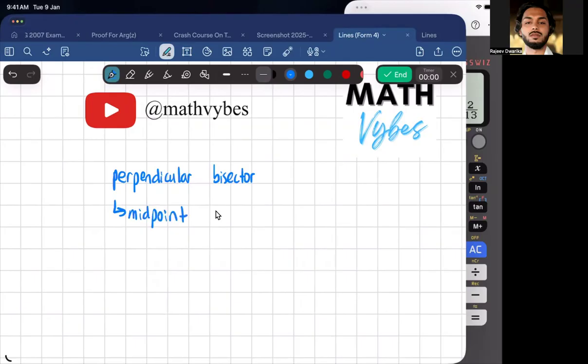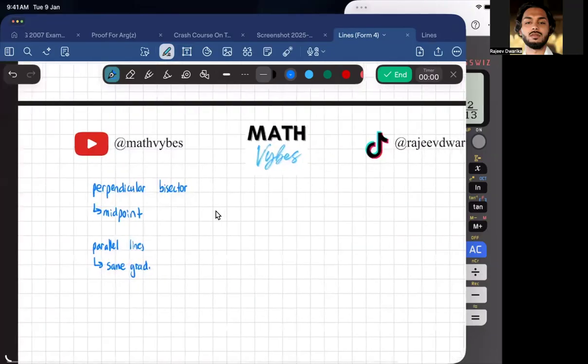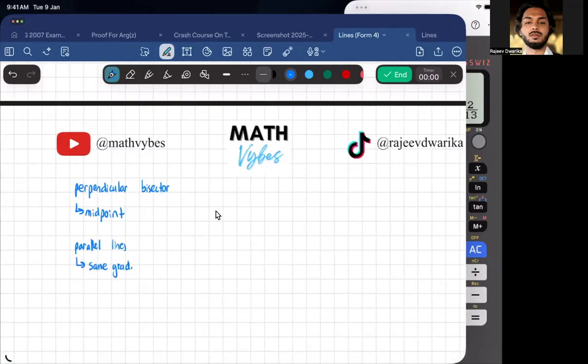We need to look at parallel lines. This just means that the lines have the same gradient. And after that, that should be it. So that's it for lines. So perpendicular bisector and parallel lines, that's it.